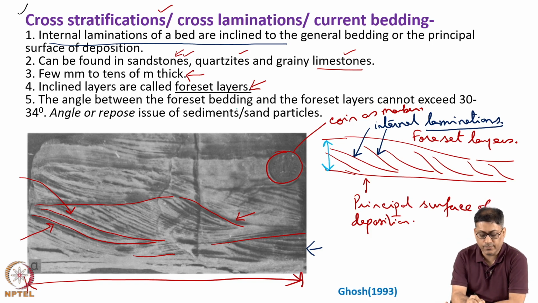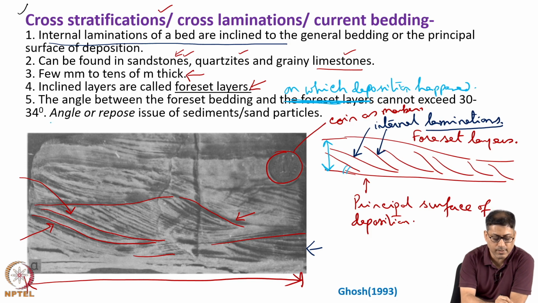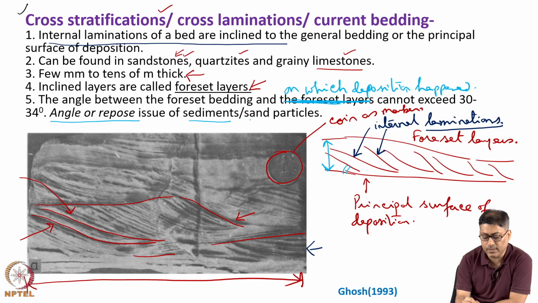The angle between the foreset bedding and the plane on which the deposition took place cannot exceed 30 to 34 degrees. This is because the angle of repose issue comes into the picture for the sediments, and if the sediments are sand, we can say angle of repose of the sand particles.